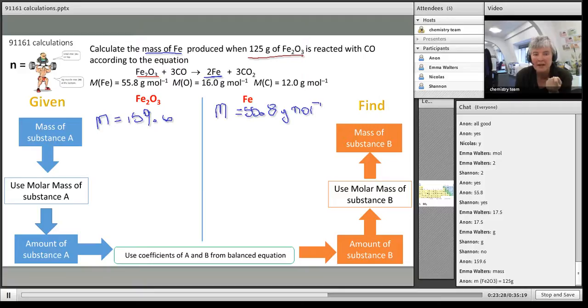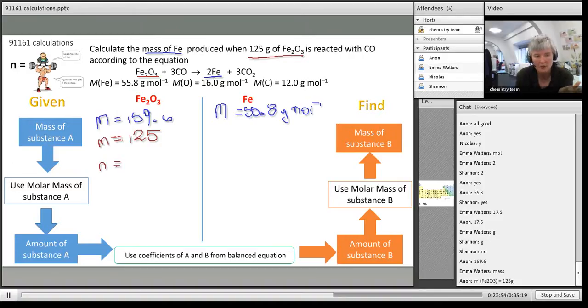Okay, and we've worked out the molar mass. Great. So I can write the mass is equal to 125 grams. I'm trying to push ahead because I really want to finish this. But so my n is the next step. If I've got molar mass and I've got mass, I can work out n.